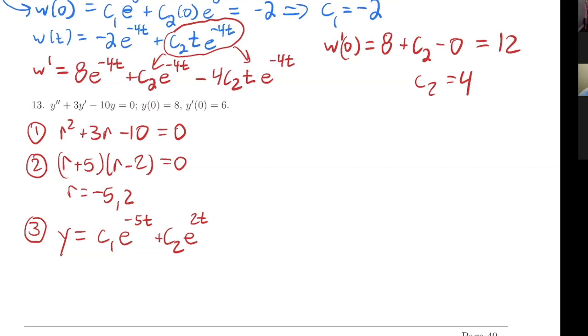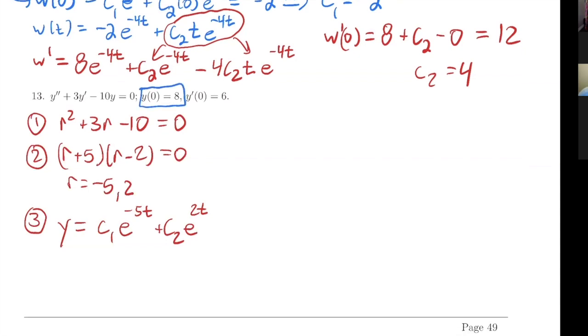Okay, so this one actually becomes a little bit trickier than the previous one. Maybe there's less calculus involved, but a little more algebra in finding the values for the coefficients from the initial conditions. Here I can plug in the initial condition y of 0 equals 8.